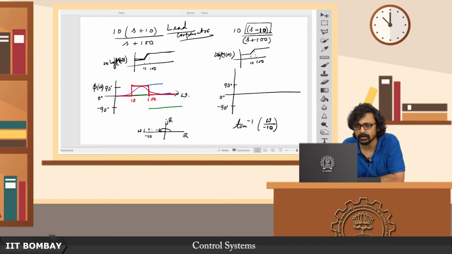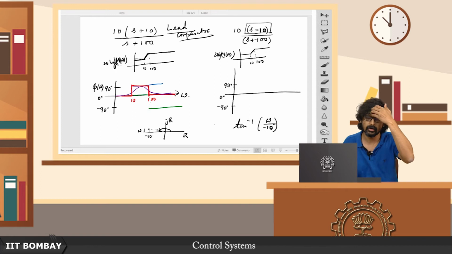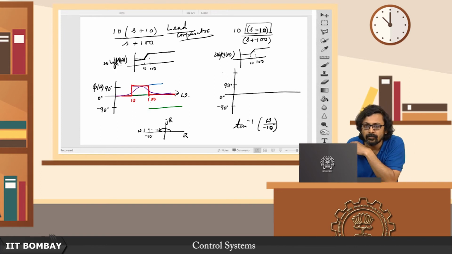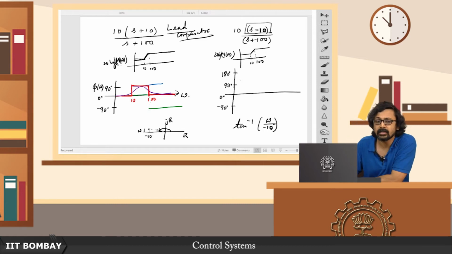Here you make all of this 0, and you ultimately end up with a negative quantity. So it is as if you are starting from the negative part of the real axis. So you now have to start from this 180 degrees, and that is one crucial difference. Every time you encounter such a thing, you actually start from 180 degrees.